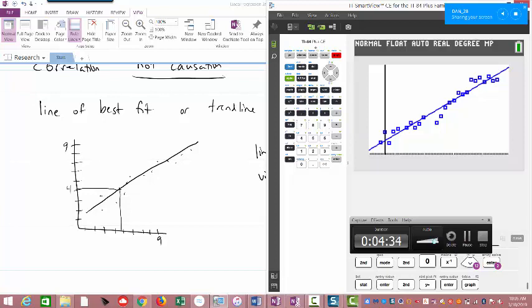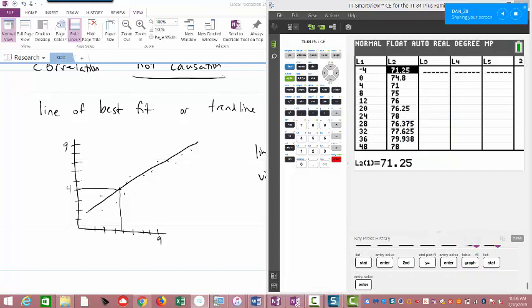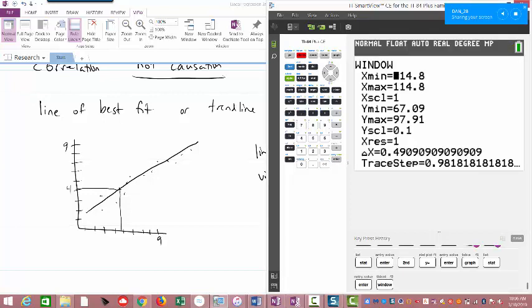Error window range. If you are getting an error and it says fixed dimensions in window, do you see right next to zoom, it says window? If you click on that, do you see how it lets you put in a minimum x, a maximum x, a minimum y, and a maximum y?